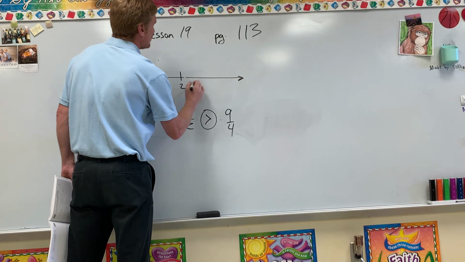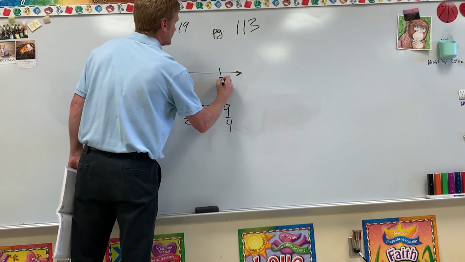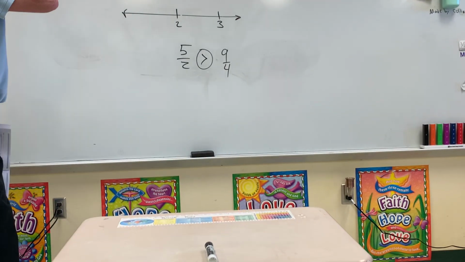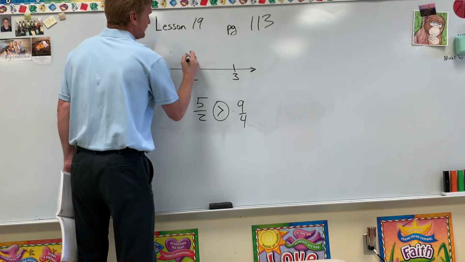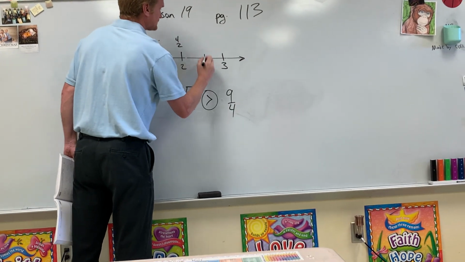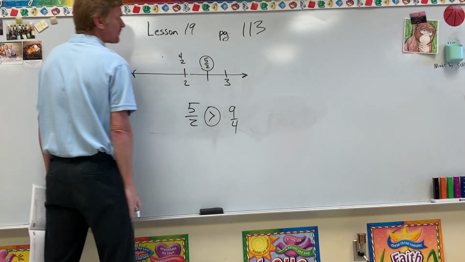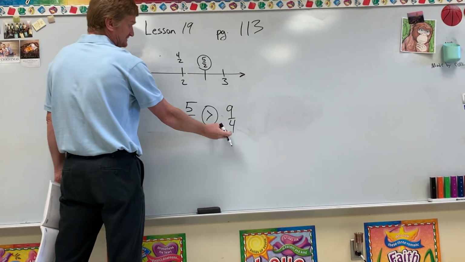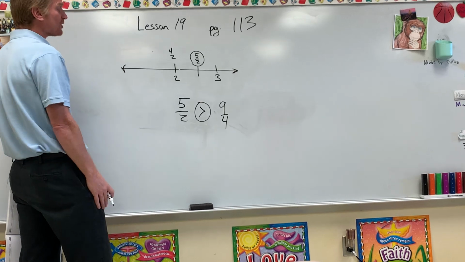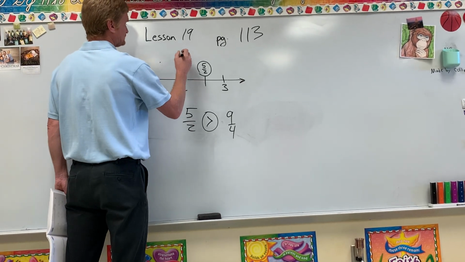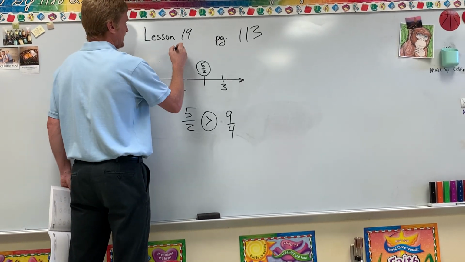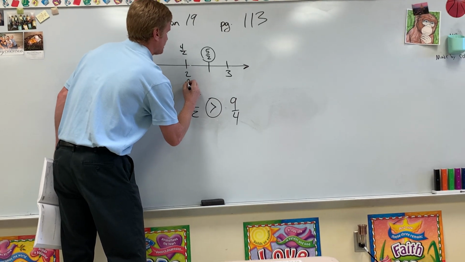Let's start at 2, go to 3. Okay. So halves, this would be 4 halves. 5 halves, so I've got that one there. Now I need to find 9/4. So 2 would be 8/4. I'm gonna write it down here.